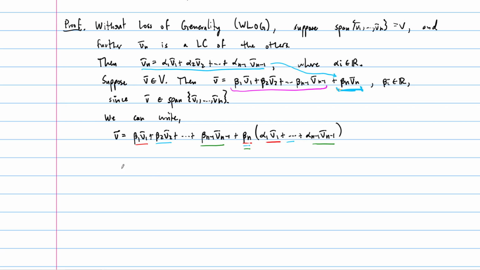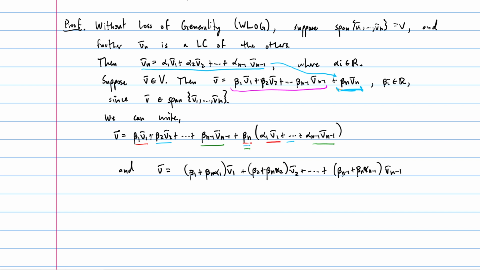What we end up with is that our V is going to be equal to beta 1 plus beta n times alpha 1, times V1. So that's a constant times the vector V1. Plus the next term is beta 2 plus beta n alpha 2 times V2. And all the way up through the last one, beta n minus 1 plus beta n alpha n minus 1, all times V n minus 1.